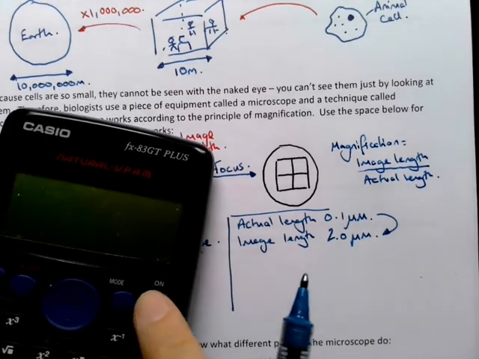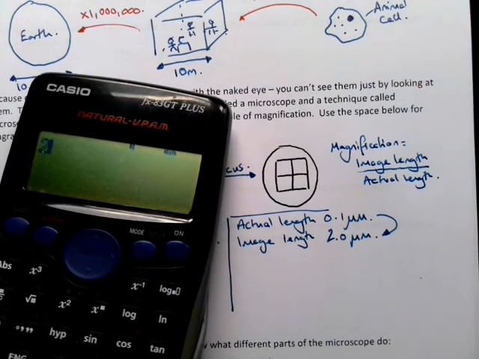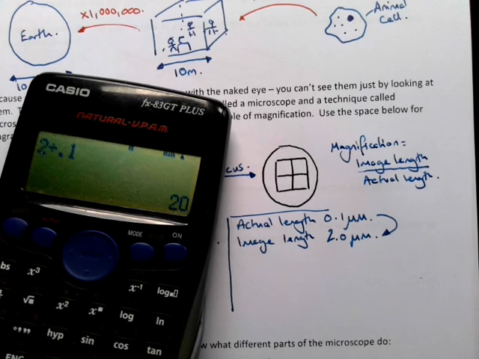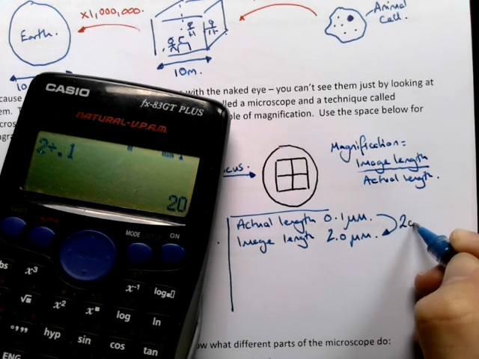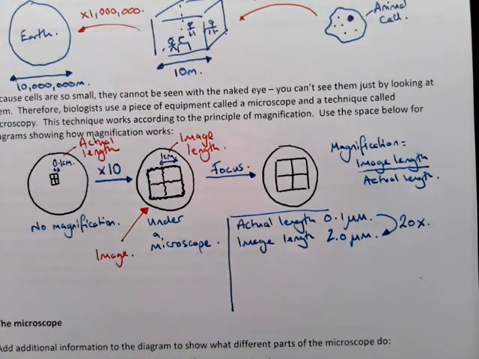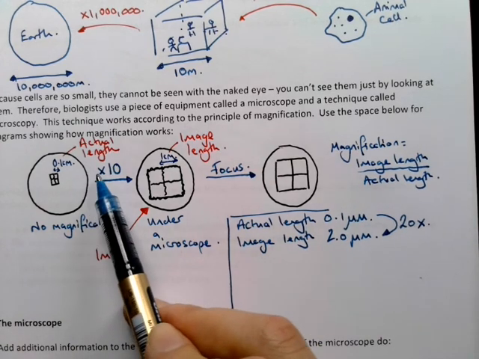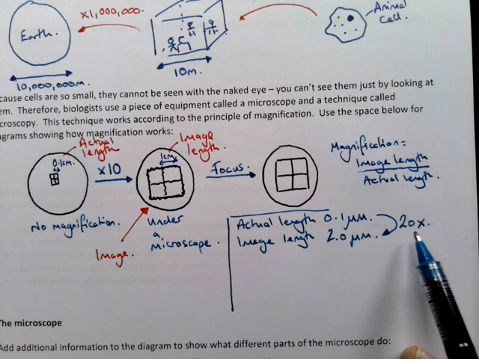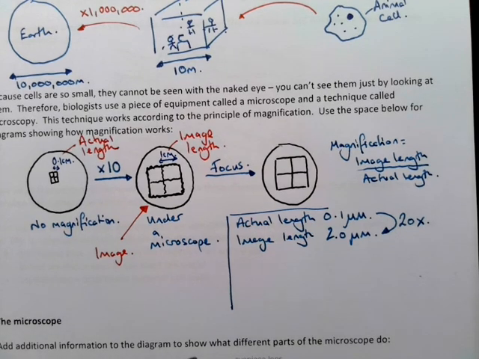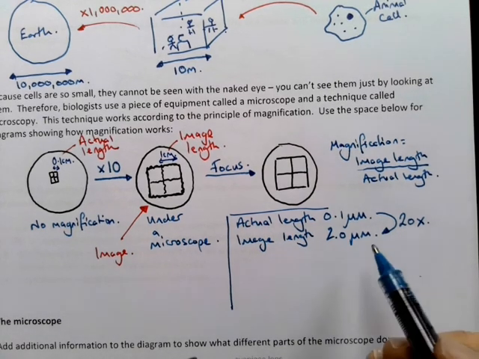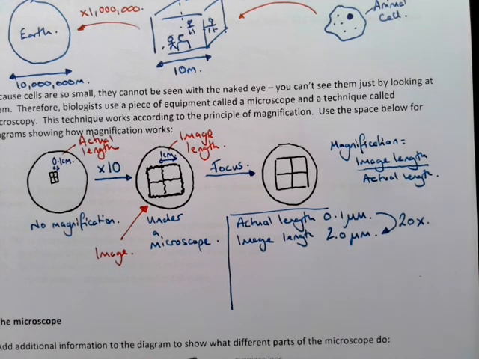If I do that, I'm going to do 2 divided by 0.1, which is 20. So this is 20 times magnification. Now, when we write this 20 times, you can write it as times, then the number, or the number and then times. At the moment, we're not going to worry too much about that. But you can see how this works.